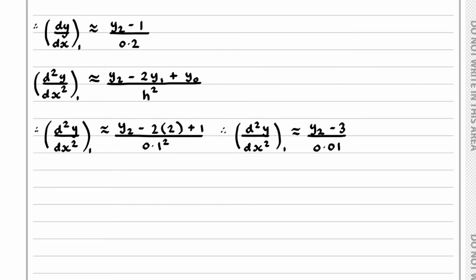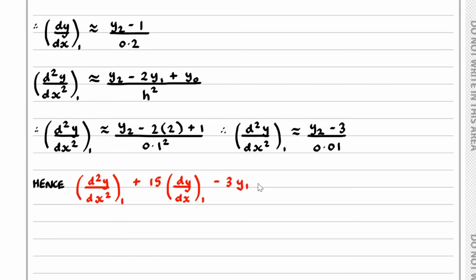What we mean by that, we can say then, using the differential equation, d squared y over dx squared 1 plus 15 dy over dx 1 minus 3 y1 squared is equal to 2x1.